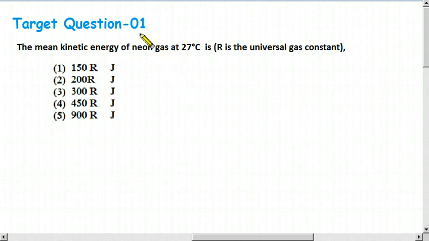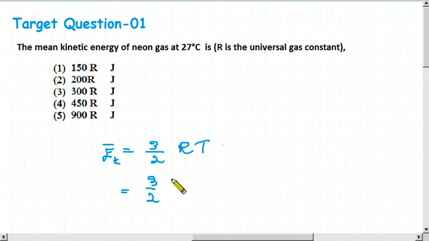As you pause the video, I am going to start now. You have to use the previous equation I mentioned, 3/2 RT. Here T is 27 plus 273, that is 300 Kelvin.